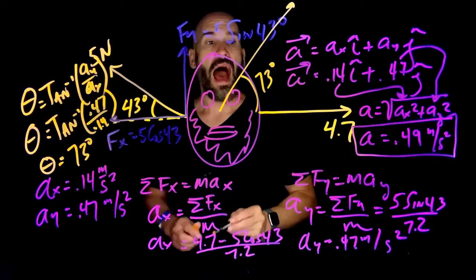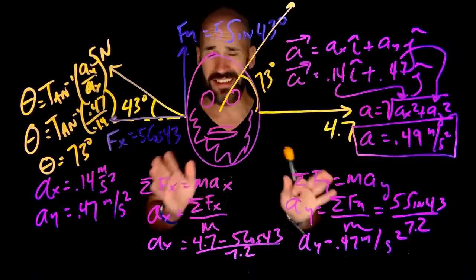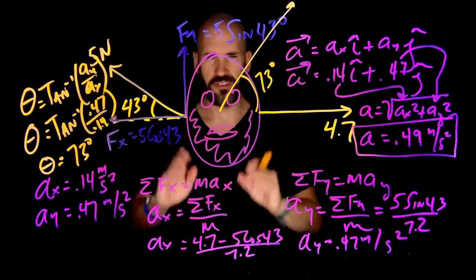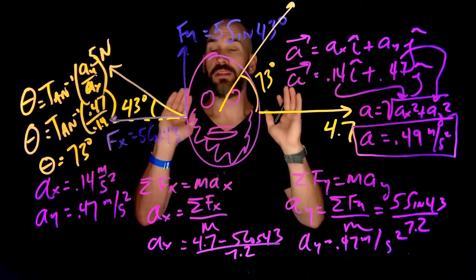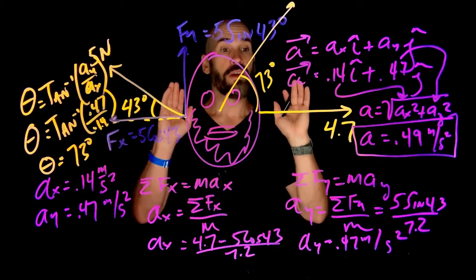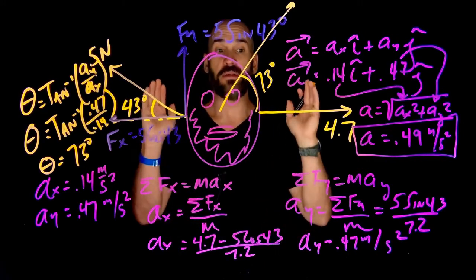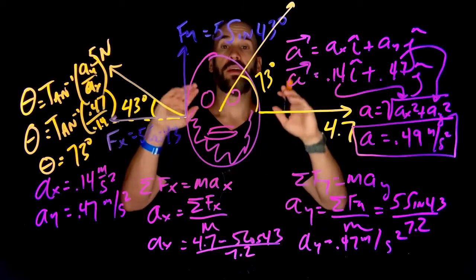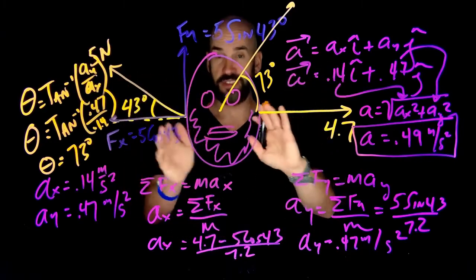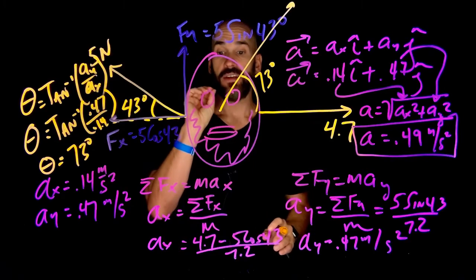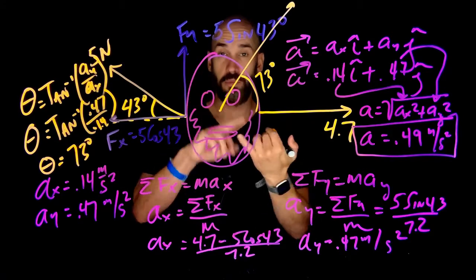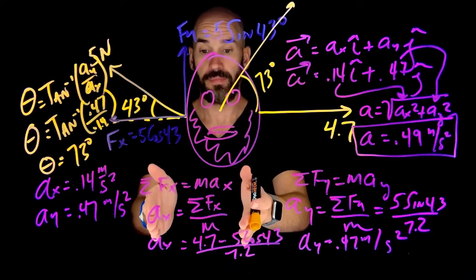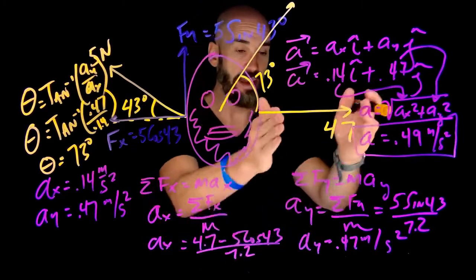Obviously, this is a silly example. I was just trying to be a little bit entertaining with this whole bully situation. But the bottom line is acceleration can be found just as easily as forces from this Newton's second law analysis, and you can get the components for the acceleration by doing Newton's second law in the x dimension and in the y dimension.